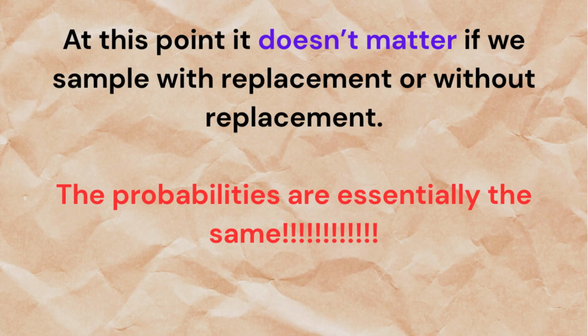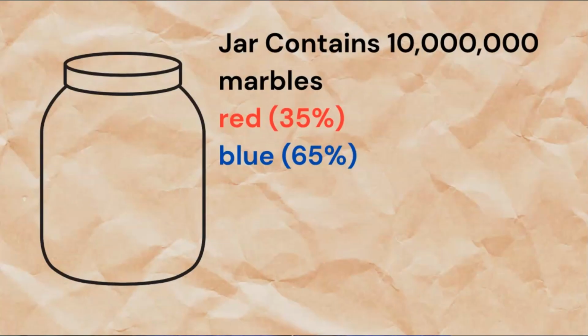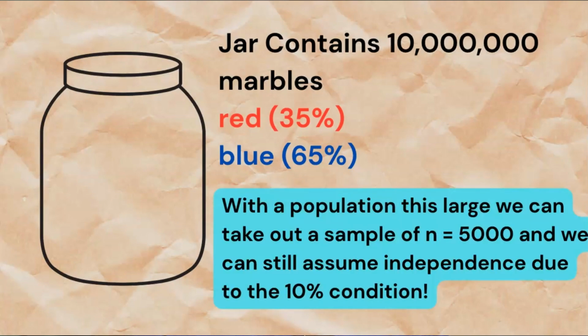Now, the problem gets even less of an issue if we get an even bigger jar. Let's say one contains 10 million marbles, 35% red, 65% blue. Well, here, we could take out 5,000 marbles and we're still way under 10% of the population, so we could still assume independence.